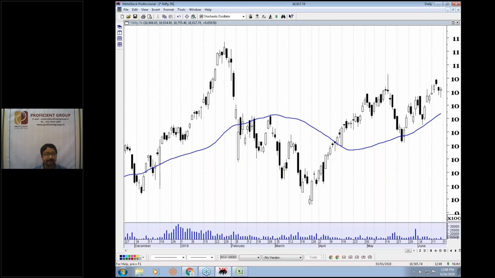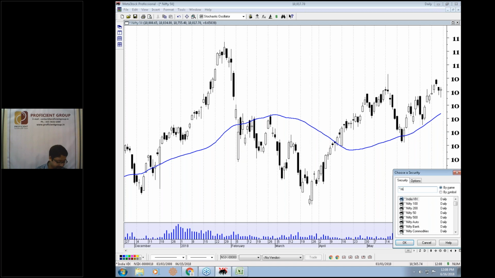But which strike price to choose from, right? That idea we will get from VIX. So let us do some little arithmetic.